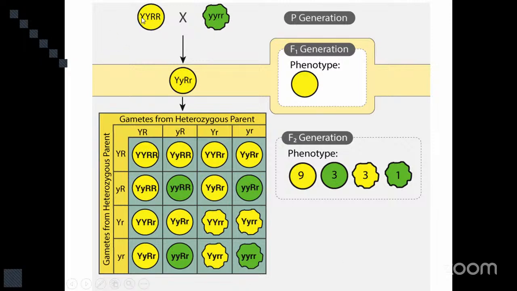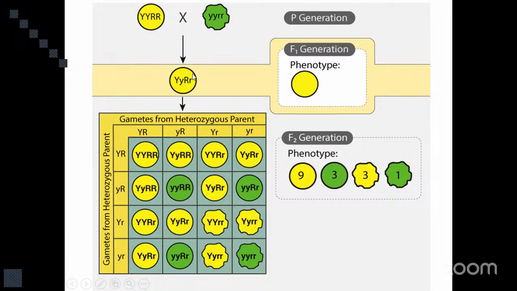If yellow is represented by capital Y, and green is represented by small y, wrinkled represented by small r, whereas smooth represented by capital R, at the end of the day, when you do the crossing here, you get what we call the yellow and smooth seed, where you have heterozygote Y and heterozygote R.